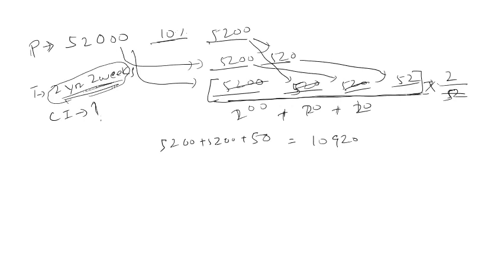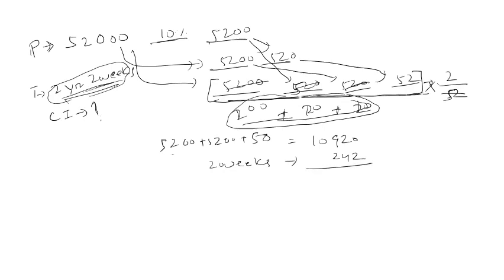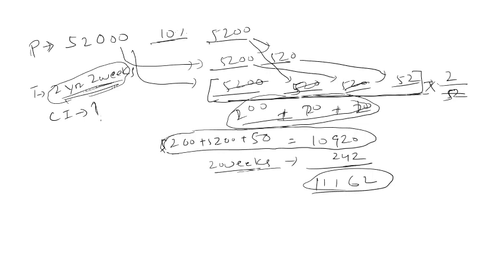And the 2 weeks interest, this part, is coming out to be 242. This part is 2 years interest, and this is the interest of 2 weeks. So just add this, this is coming out to 11162. This is your answer. I hope this part is clear.